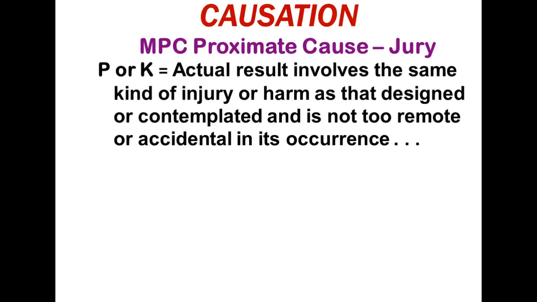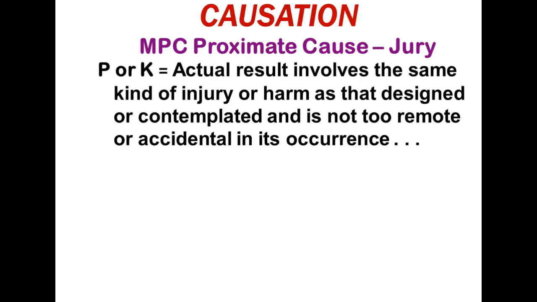The second part of the Model Penal Code analysis is really creating a jury question. The jury question, when the causal element must be done purposely or knowingly, is: was the actual result the same kind of injury or harm as that designed or contemplated, and is it not too remote or accidental in its occurrence?